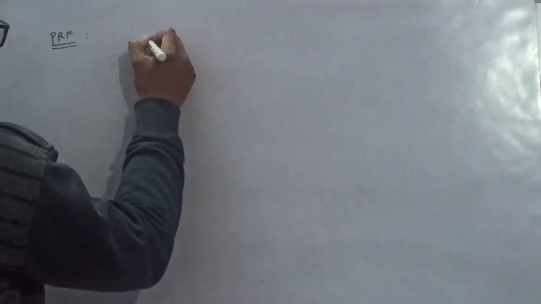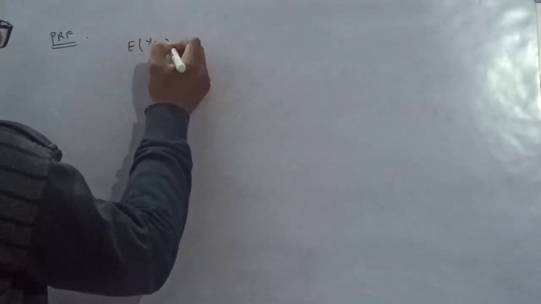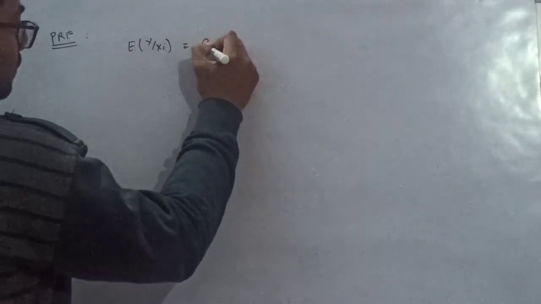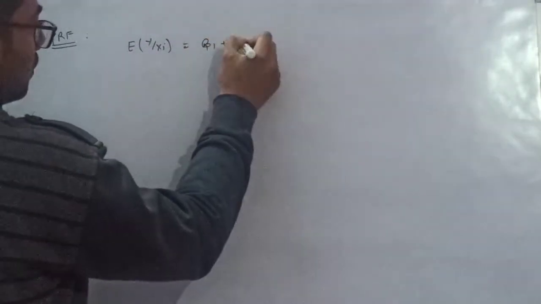Now in PRF, what we first calculated, that is E(Y given Xi) is equal to beta 1 plus beta 2 Xi.